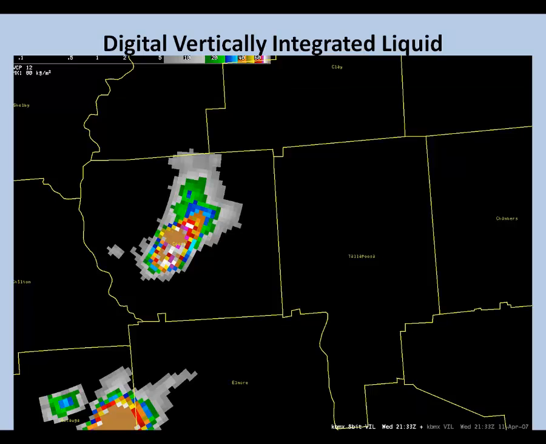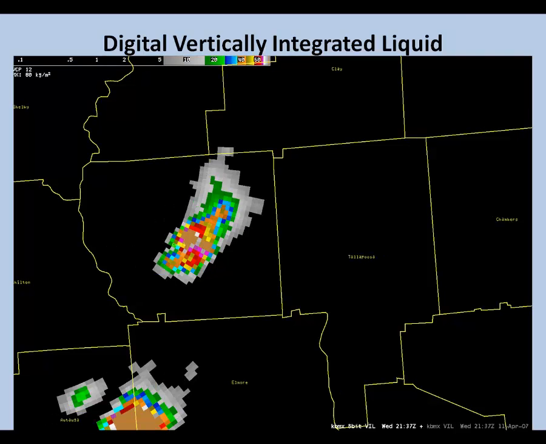Okay, what are some uses of digital VIL that I've noticed? Let's take another storm. This is not the same storm, but a different storm on the same day up in Coosa County, which is just to the north. You can see our storm down to the south. As this storm in Coosa County moves along, one thing I've noticed about digital VIL is the resolution. Since the resolution is a little better, you can actually see storm structure, like different updrafts in the storm.